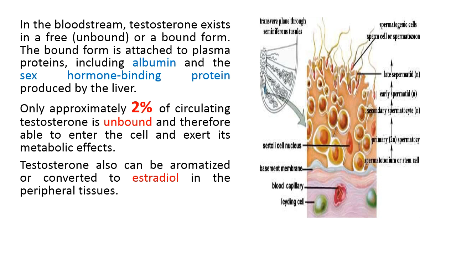Only approximately 2% of circulating testosterone is unbound and therefore able to enter the cell and exert its metabolic effects. Testosterone can also be aromatized, or converted to estradiol, in the peripheral tissues.